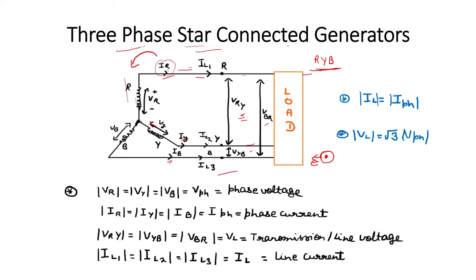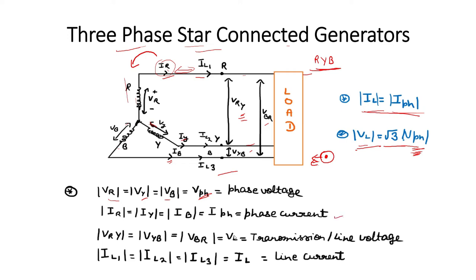You can see just from here also. So magnitude of line current is equal to magnitude of phase current. But in case of voltage, magnitude of line voltage is equal to root 3 times phase voltage. How? We will see this in a few minutes. So for a balanced star connected generator, the magnitude of all these phase voltages R, Y, B is the same and is equal to V phase, and similarly the magnitude of phase current IR, IY, IB is equal to IPH, the phase current.